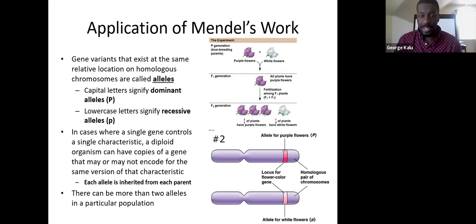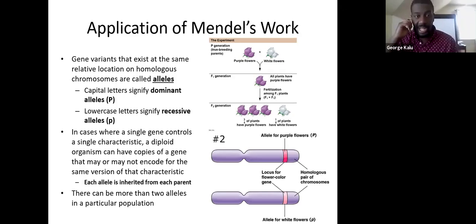Essentially, there was this guy in, I believe, the late 1800s. His name was Gregor Mendel, and he is considered the father of genetics. He studied genetics on a large scale, and his work set everything up for how we're able to study genetics today.